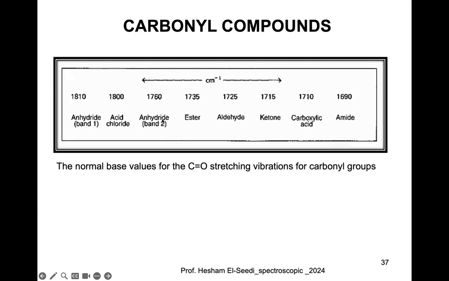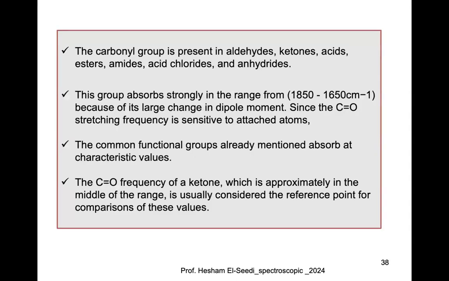So for anhydride, it is 2 peaks for carbonyl. Why? Because it has 2 carbonyl groups, so it gives 2 peaks, as you will see in some examples now.